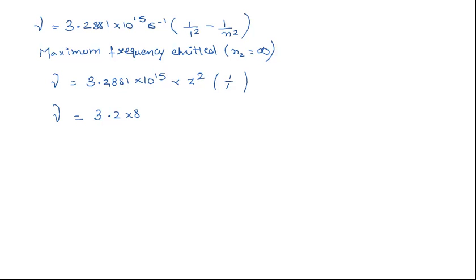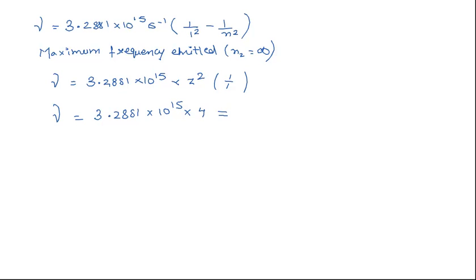Or nu will be equal to 3.2881 into 10 to the power 15 multiplied by, what's the atomic number of helium, students? It is 2. So the atomic number is 2, so it should come out to be 2 square or 4. So that is multiplied by 4.